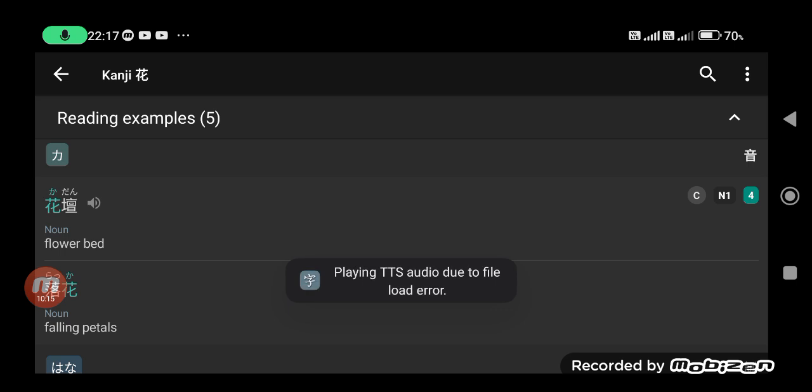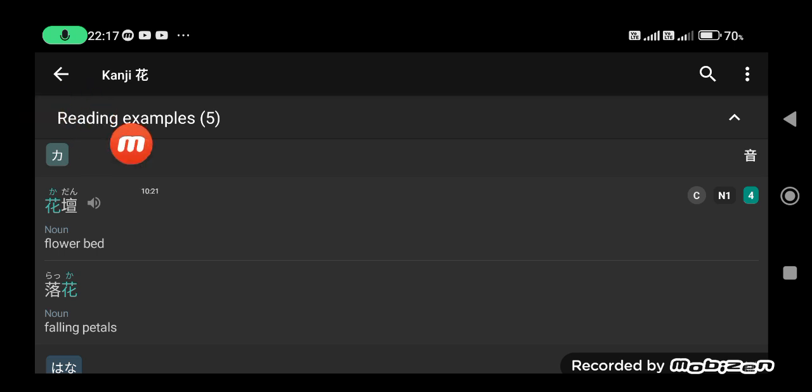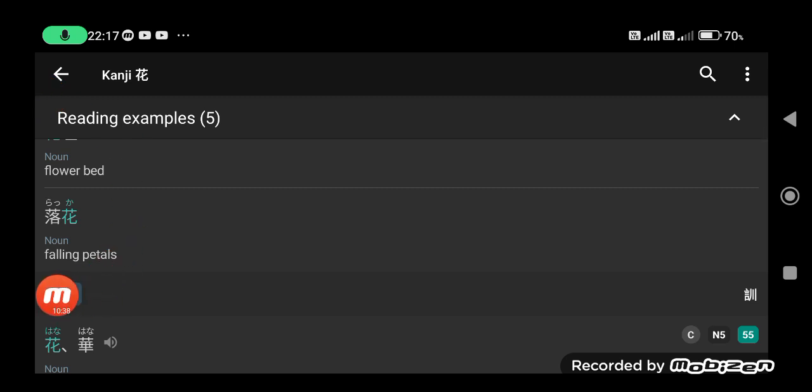花壇, kadan, is flower bed. This is a huge type of bed, and it may actually be an oversized bed, because this kanji here, dan, means a stage or podium. And then raka, falling petals.